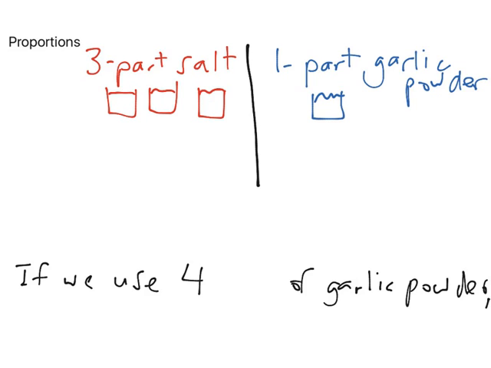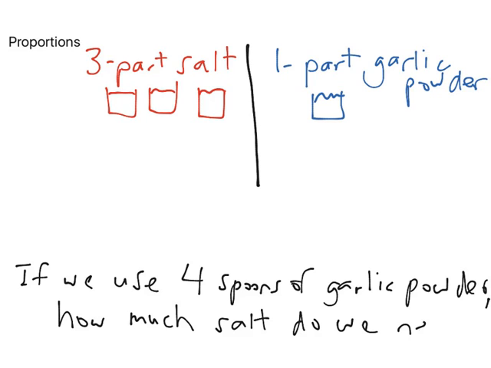Oh, maybe not in cups, because garlic powder, maybe small teaspoons. Let's say spoons of garlic powder. How much salt do we need? So we're using 4, let's just say spoons of garlic powder.